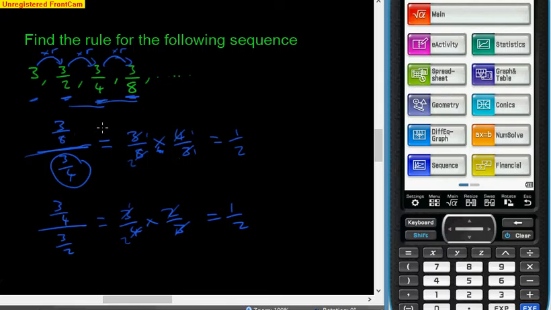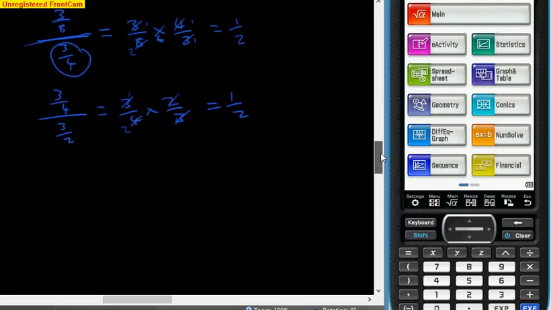I suppose I ought to check the first one as well. 3 over 2 divided by 3. When you have just dividing by a number, think of any number. Here the number 3 is the same as 3 over 1, or 5 is the same as 5 over 1, and so on.